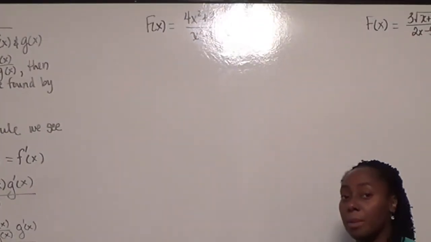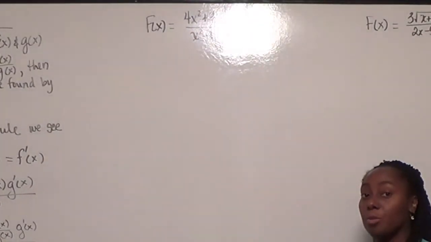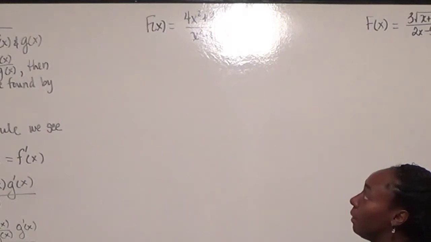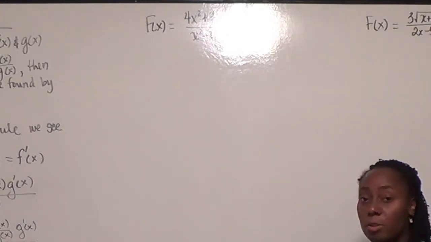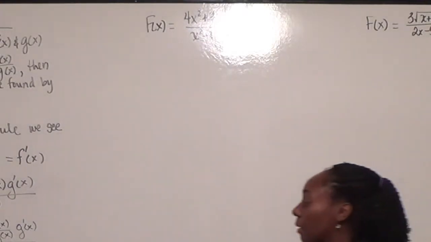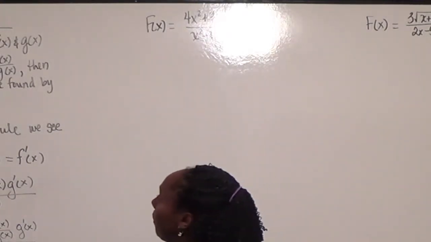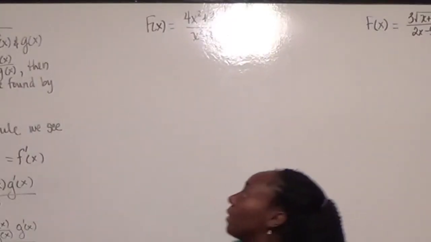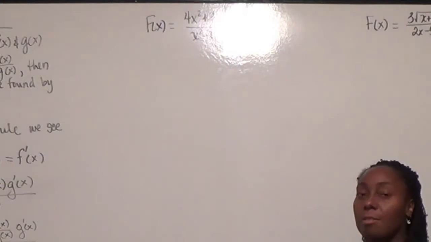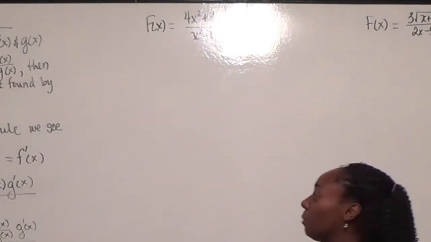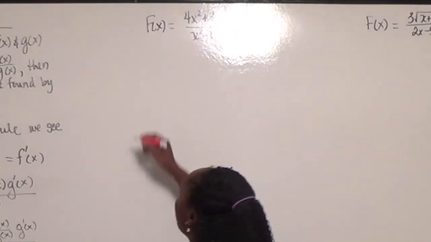So let's look at a couple examples of our quotient rule. In this first one, we've got f of x equals 4x squared plus 3 over x squared minus 1. Applying our quotient rule, it basically says I'm going to take the derivative of the top times the bottom, minus the top times the derivative of the bottom, all over the bottom squared.